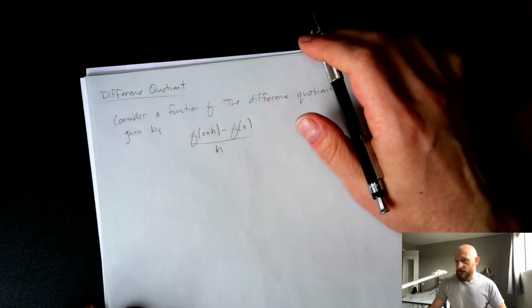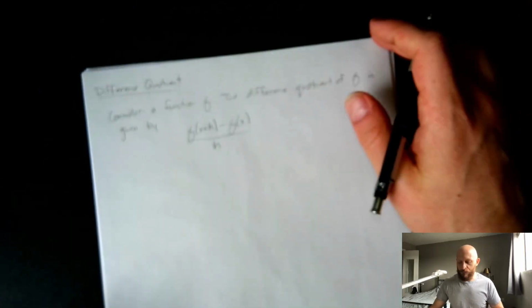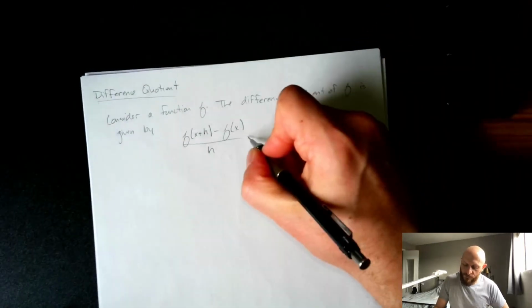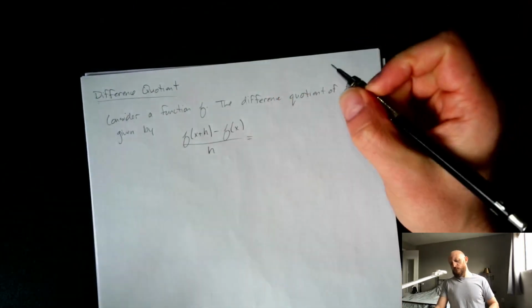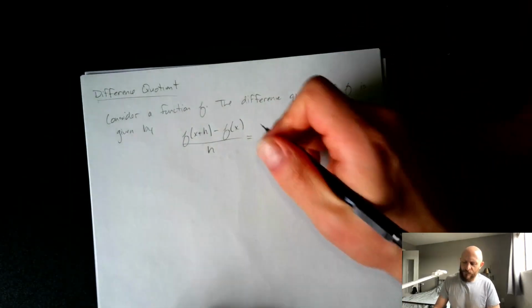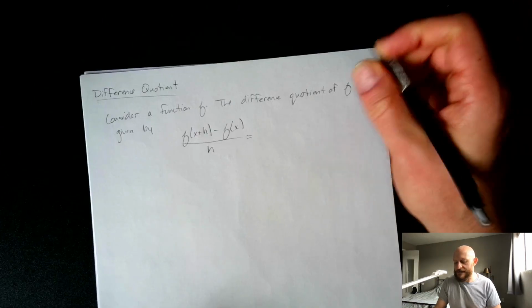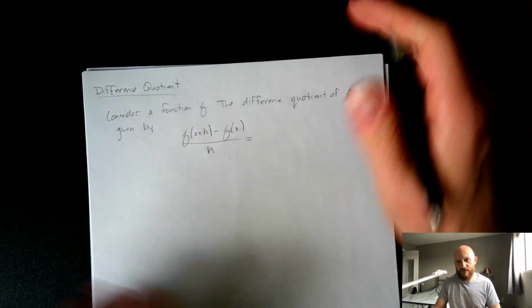So that's sort of the idea, is that h does represent just any arbitrary number, but usually it's taken to represent a really small number. And before I move forward with calculating this, I'll just point out that this is actually a really familiar difference.